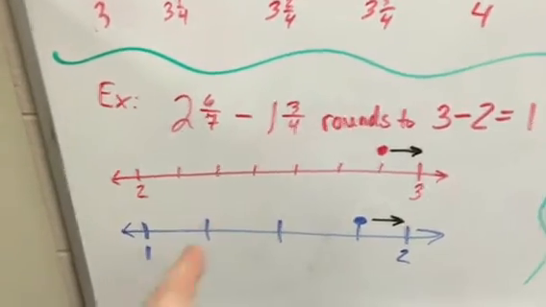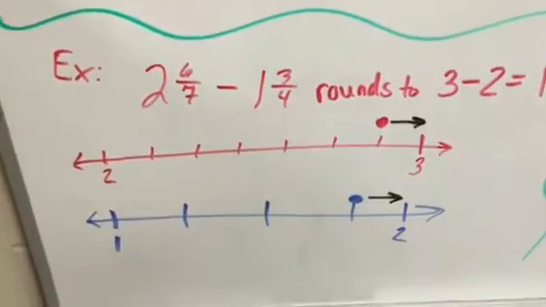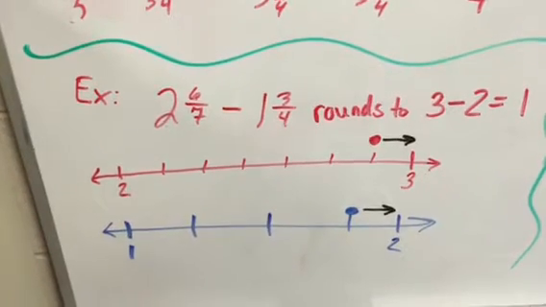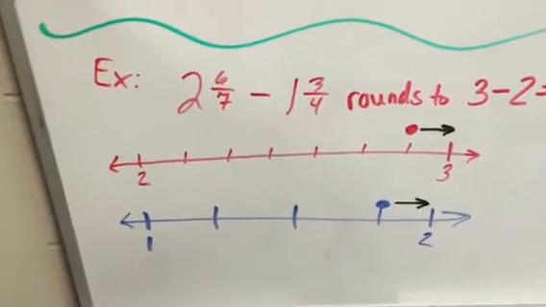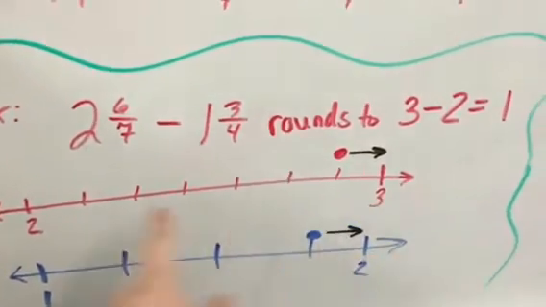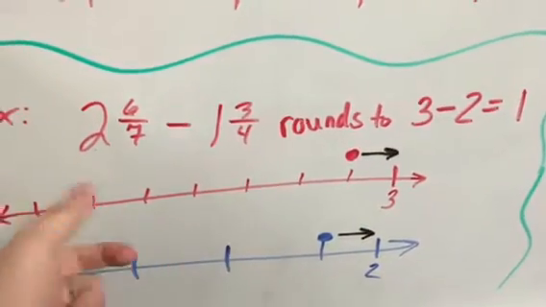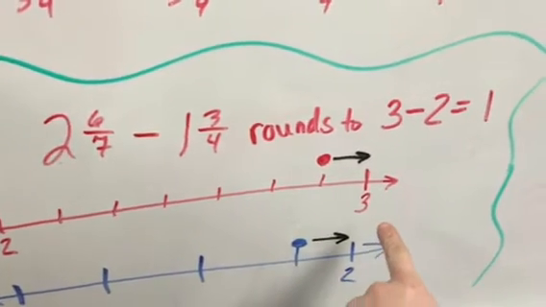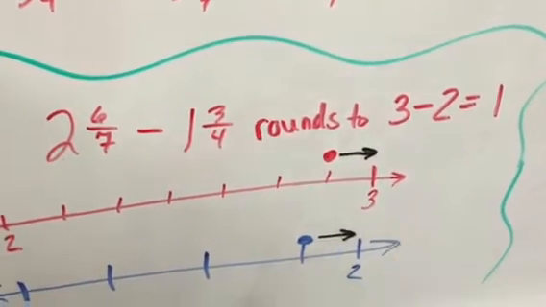A second example of that is what else we'll have to do. This looks like we're using a subtraction sign, so we're estimating the difference: 2 6/7 minus 1 3/4. So I draw my line. I have my whole numbers of 2 and 3, because I know that 2 6/7 is going to be more than 2, so I have to have 2 as my bottom number. The next whole number is 3, so 3 is my top number.